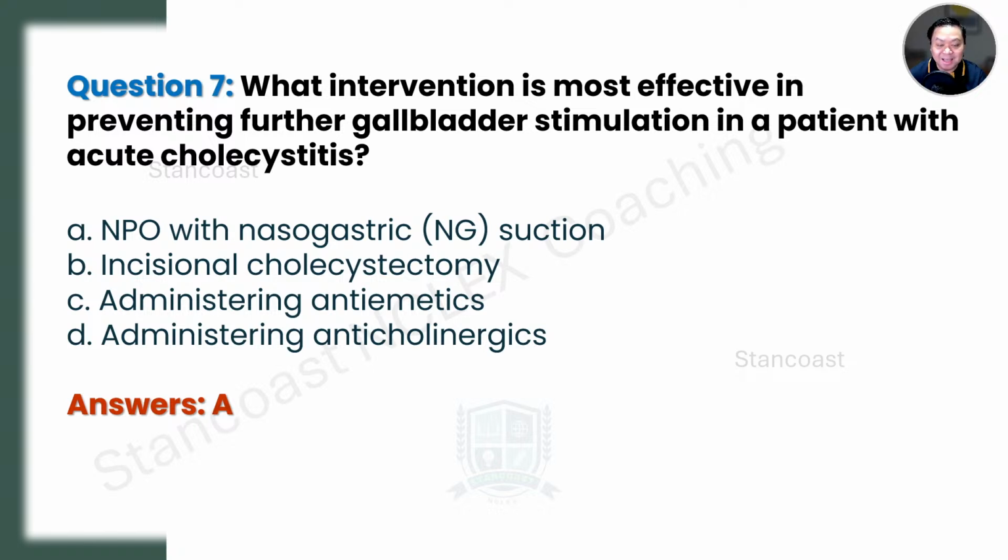And again, this is to rest the gallbladder, which is actually a smooth muscle. All right. So with that, this will minimize the pain and also minimize the patient's inflammation.